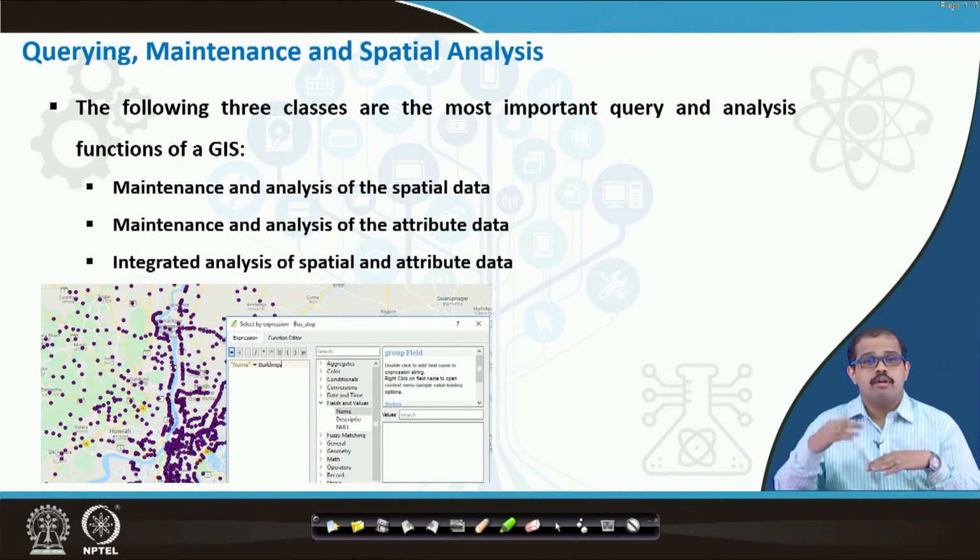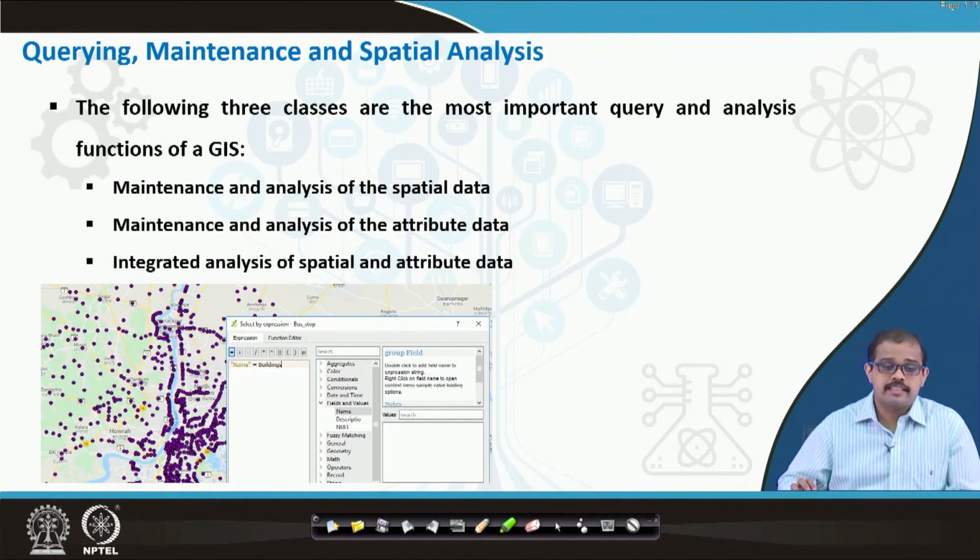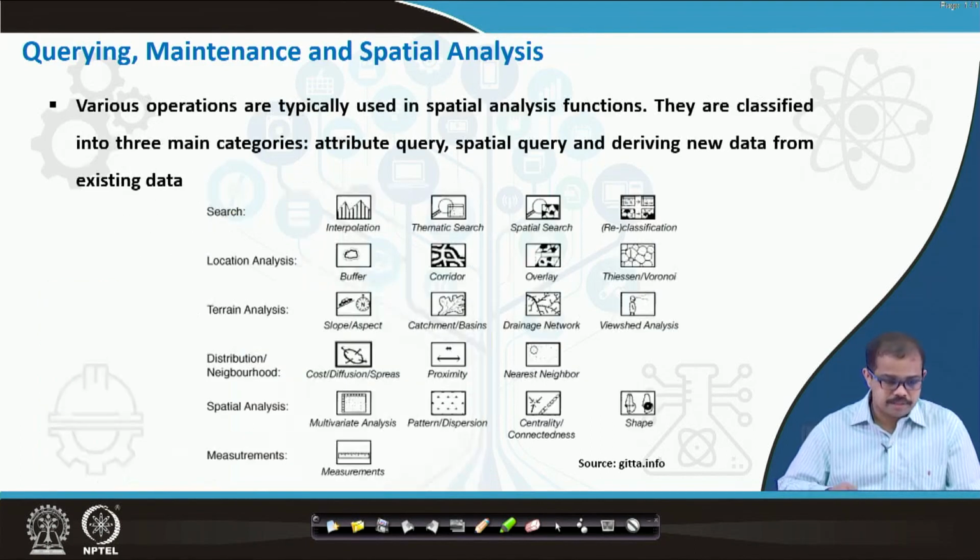Then the maintenance and analysis of the attribute data, the data related to the spatial data, which is the information that you need for your analysis, is stored as attribute data. So it has to be maintained and analyzed. Then the integrated analysis of both spatial and attribute data. That is extremely important when you are looking at the entire database.